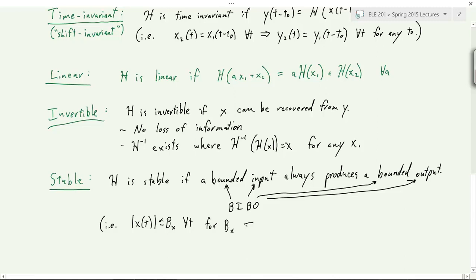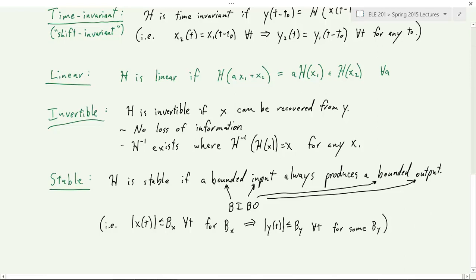And assuming that, what we want in a stable system is that this would imply that y of t is also bounded by a different number, but at least that there is some bound that holds for all t in the output. If that's going to be true in general, then it's a stable system.